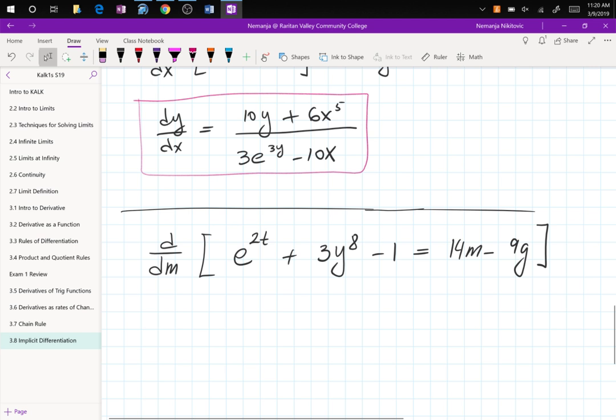All functions. All of these are functions. So what do we do?